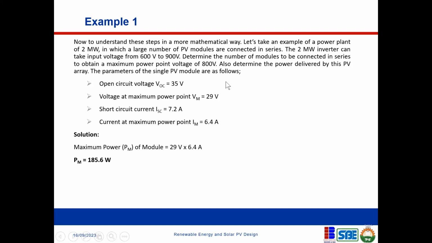So the purpose of this is for us to understand series and parallel connection and the power output, right? If you're looking at the rationale for 2 megawatts to be a single phase, that is not the purpose of having this example, right? But of course, for a 2 megawatt system, we all know that it has to be three phase, right?